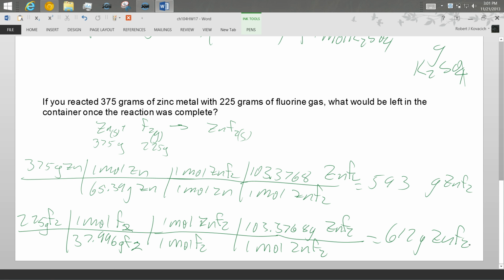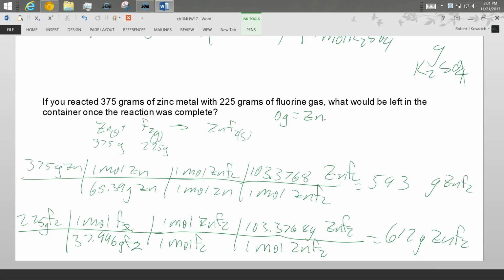Okay, so we're trying to answer what's left in the container. So can you tell me 2 of the 3 things? Zero grams of zinc. We all right with that? The zinc ran out first.